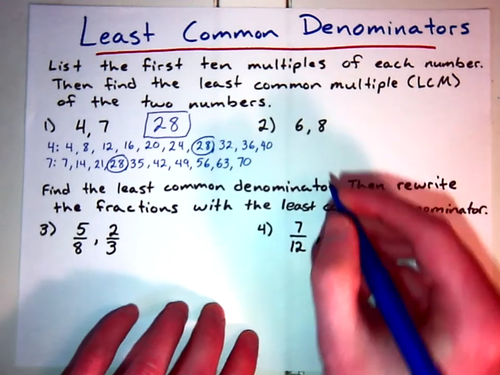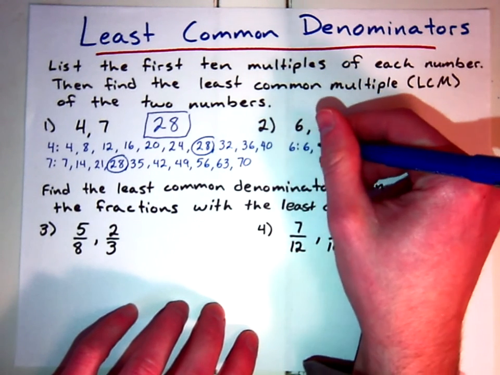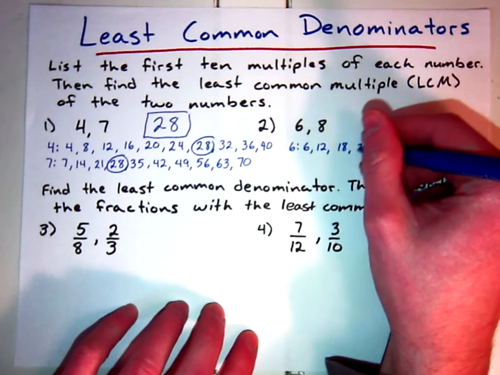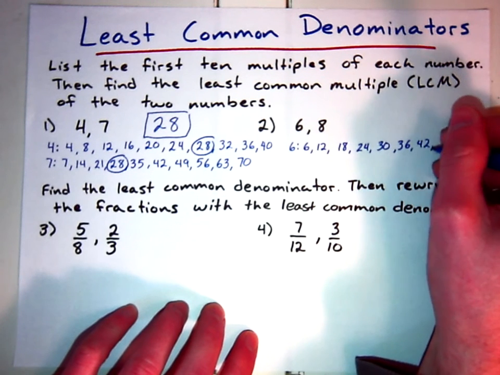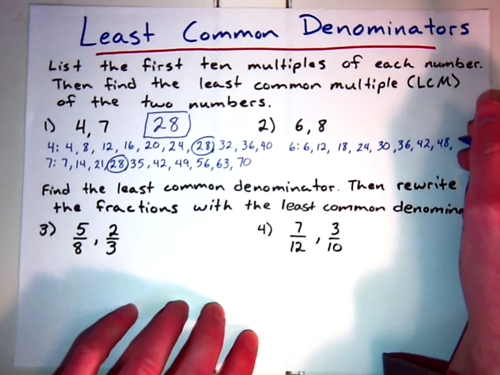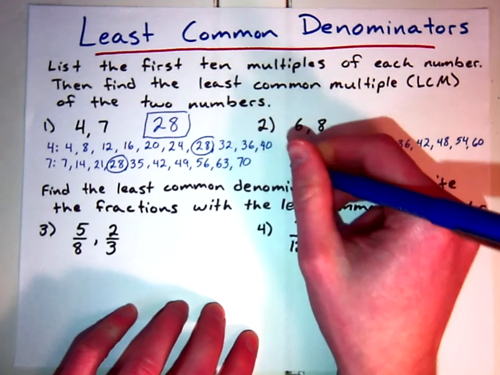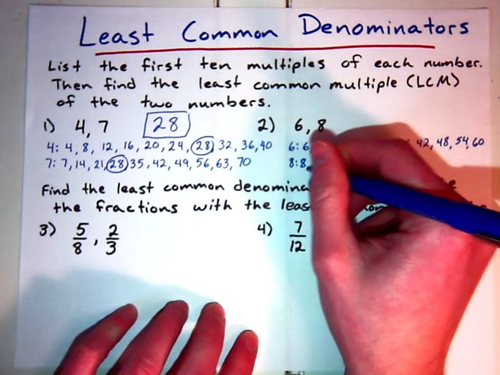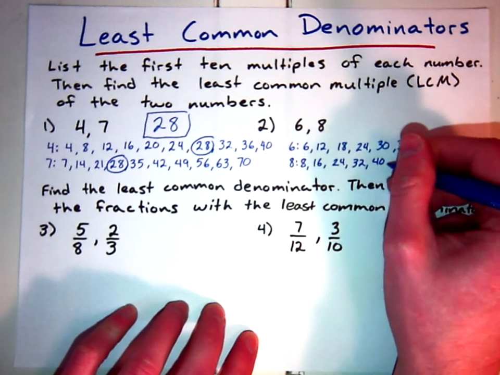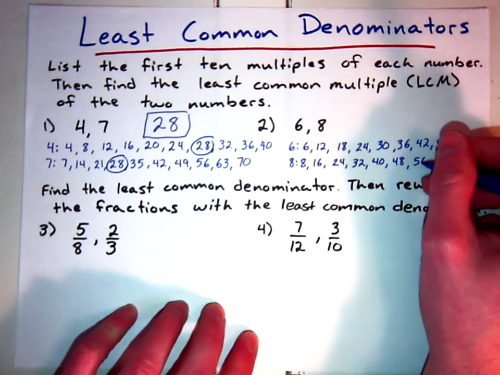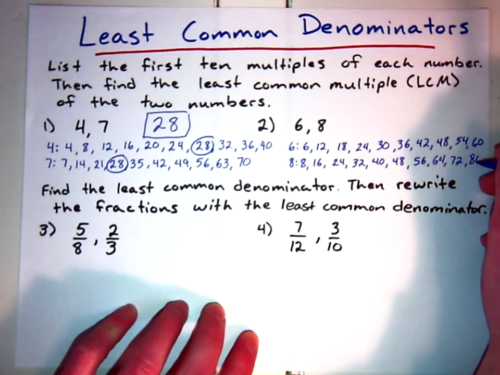Then we need to do the same thing for number 2, where I have the number 6. 6 times 1 is 6, and then I have 12, 18, 24, 30, 36, 42, 48, 54, and 60. Then for 8, I need to go 8, 16, 24, 32, 40, 48, 56, 64, 72, and 80.